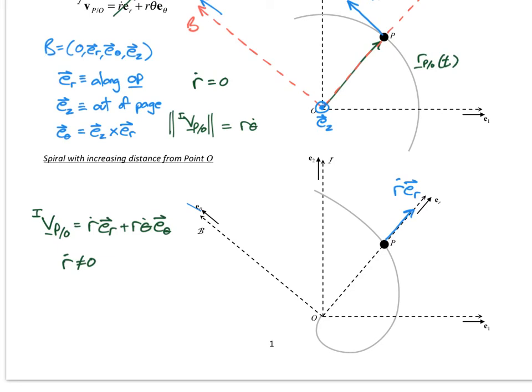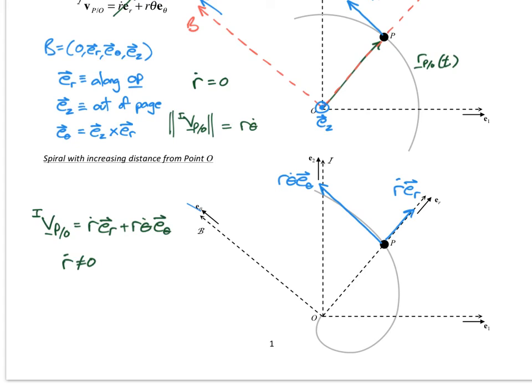And now let's add our e theta component. We know that the magnitude in e theta is r theta dot. And we saw above that this is the speed that's tangent to the radius away from the point which we're referencing.